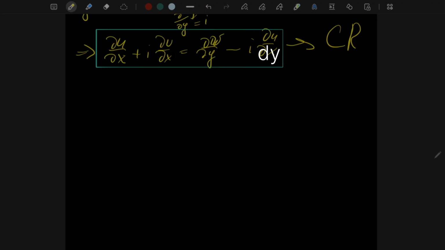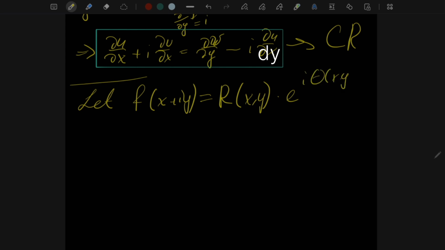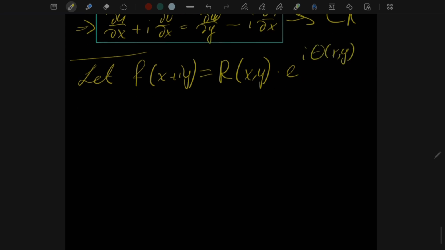And first I would like to look at the exponential or polar form of our function f. Like that.